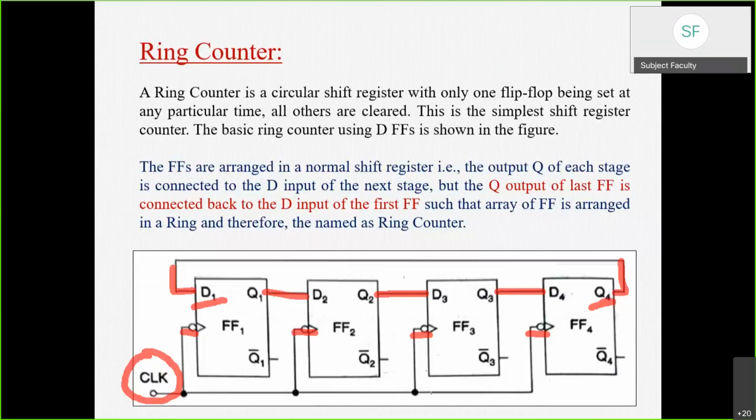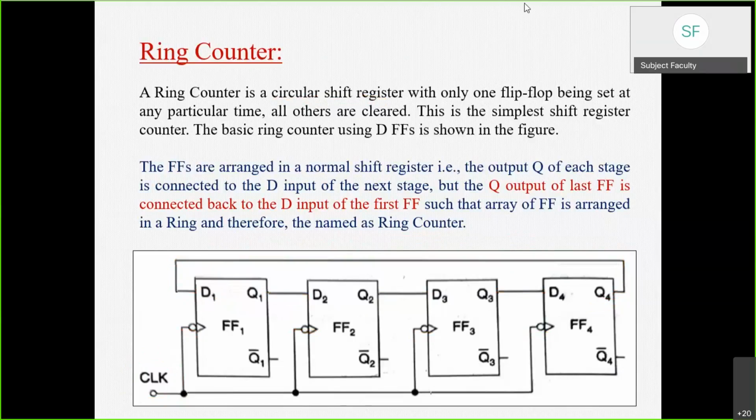All right. Now a ring counter is a circular shift register. Why is it a circular shift register? Because you are making this one complete closed, circular loop. The ring counter is basically a circular shift register with only one flip-flop being set at one particular time.